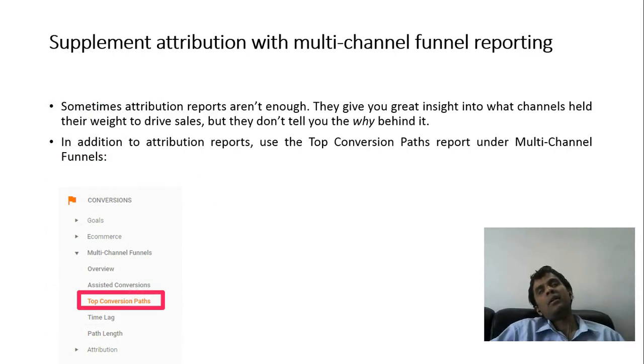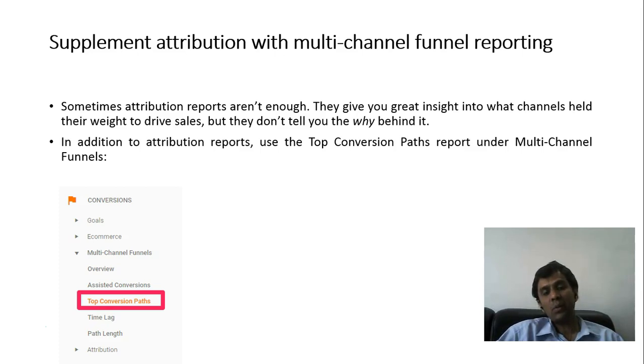Now, it's extremely important that you supplement attribution with multi-channel funnel reporting. Sometimes attribution reports aren't enough. They give you great insight into what channel held their weight to drive sales, but they don't tell you the why behind it.